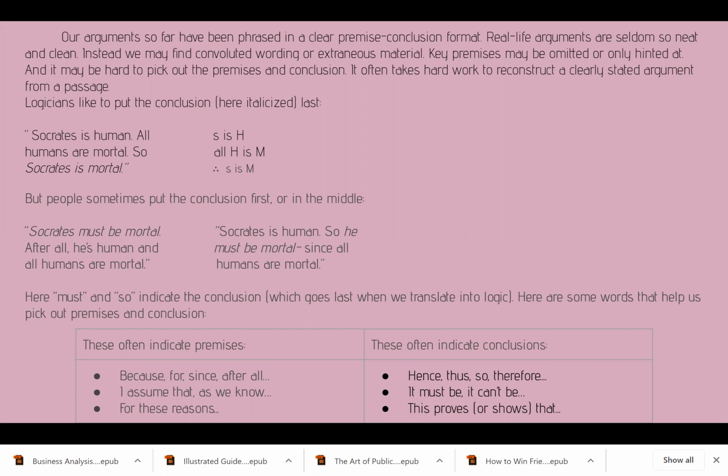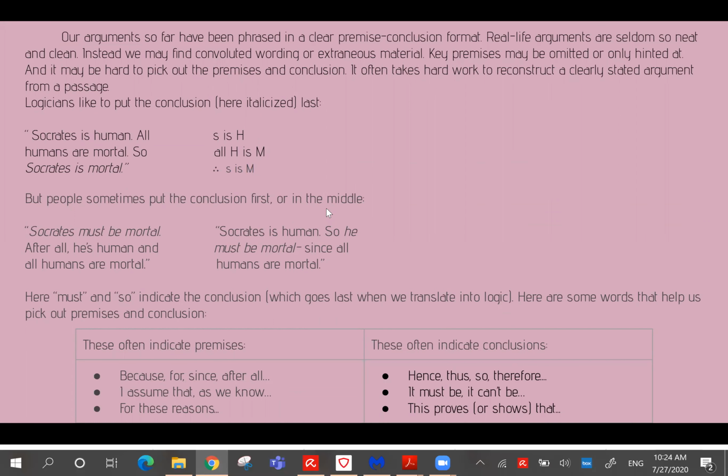So for our first example, we have Socrates must be mortal. After all, he's human and all humans are mortal. And in our second example, we have Socrates is human, so he must be mortal, since all humans are mortal. Here, must and so indicate the conclusion, which goes last when we translate into logic.